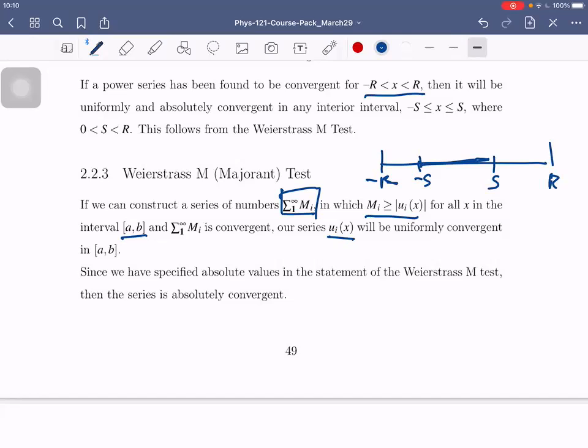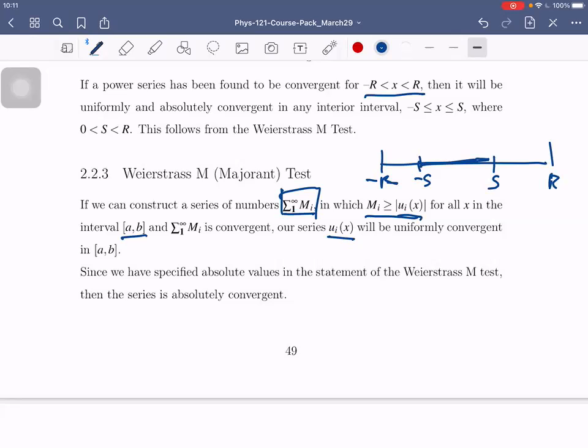Ang sinasabi lang nito is actually basically comparison test. Kung meron kang series of numbers na convergent, and kung mapapakita mo na yung mga numbers na yun ay mas malaki kumpara doon sa, let's say, series of functions mo for all x, ibig sabihin convergent. This is essentially comparison test. Okay? Huwag kayong ma-overwhelm doon. Medyo wordy lang at saka medyo technical yung definition. Pero that's how usually yung mga mathematical definitions are.